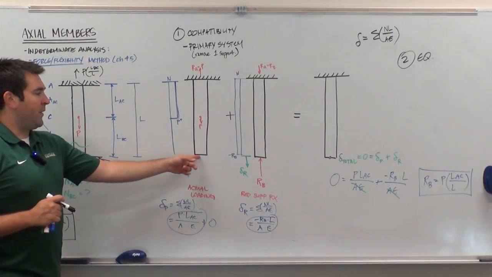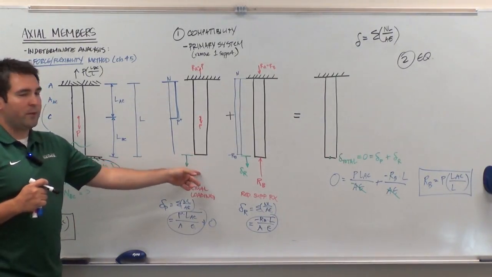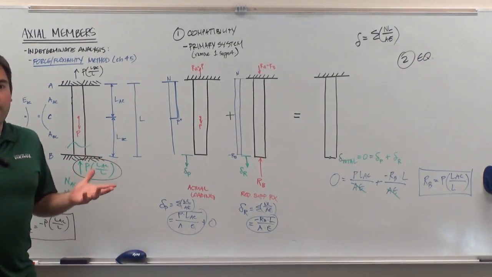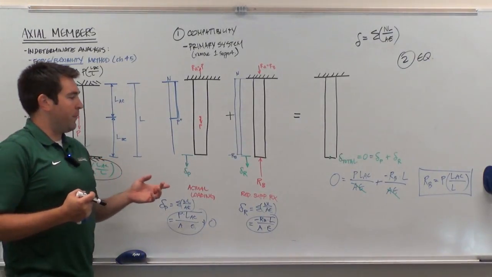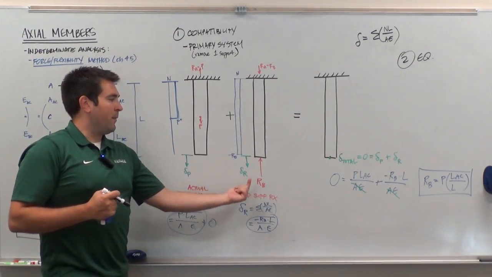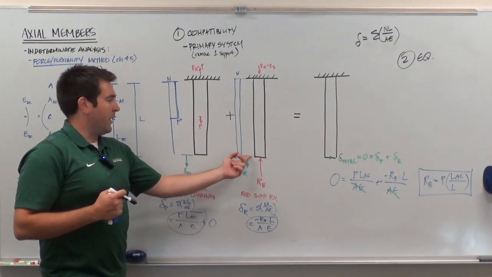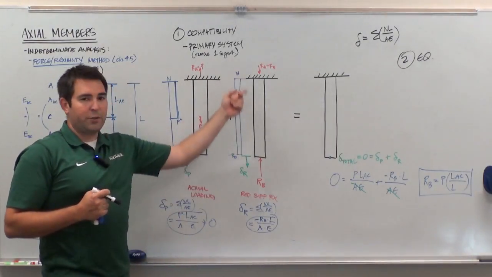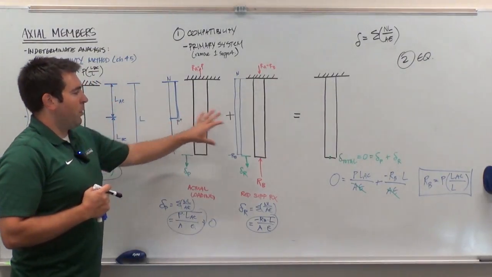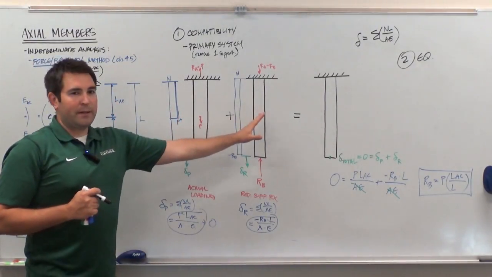So let's say that we find that it's going to deflect 1 inch if the support is not there. We know in reality it's not going to happen, and the thing that's keeping it from happening is this redundant support reaction pushing back up exactly enough to cause an inch of contraction, an inch of compression in that member. And we can just look at both of those separately and then add the effects together.